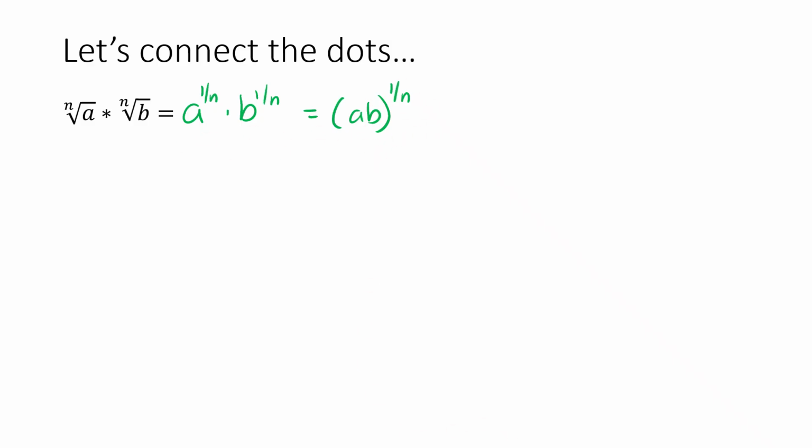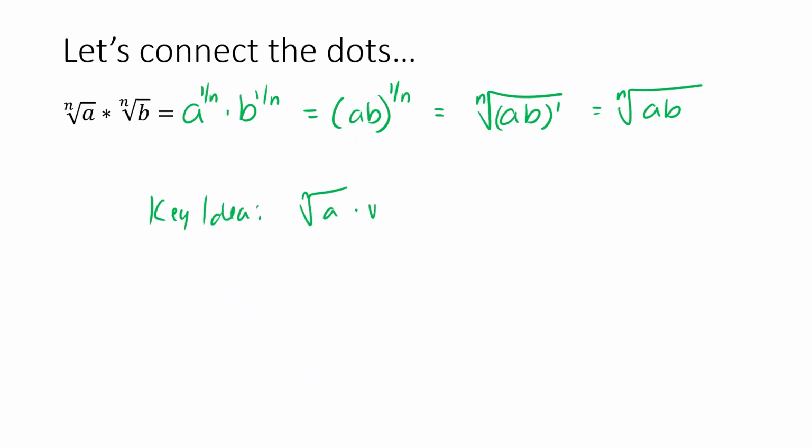And then if I take that and change it back to a radical, we have the nth root, and now the thing under the radical, we could think of it as ab to the first power. But of course we don't need to do that. So it's just the nth root of a times b, and there's our key idea. The nth root of a times the nth root of b is equal to the nth root of ab.